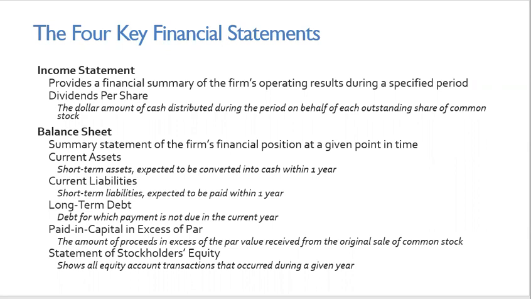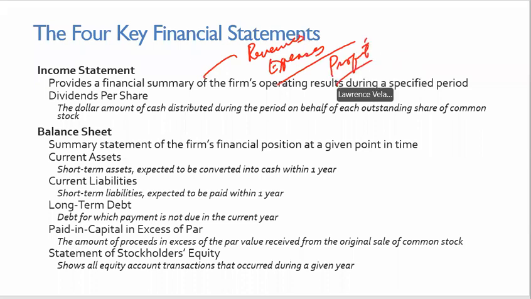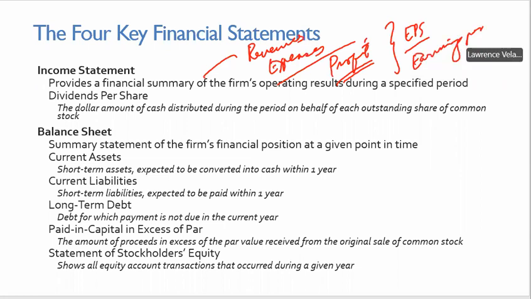So first is the income statement. As you know, it provides the summary of the firm's operating results during a specified period. Since it shows the operating results, it shows the revenues and expenses of a firm and how much profit was generated in a period. The income statement also shows information on what's called the EPS, or earnings per share.